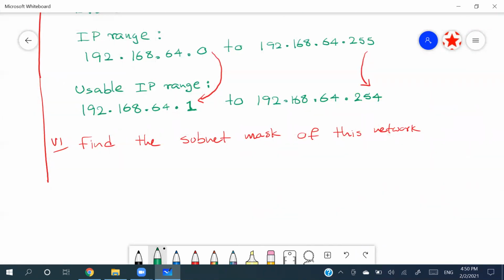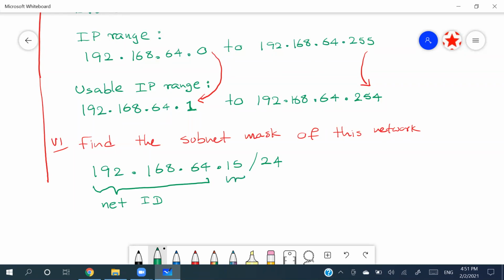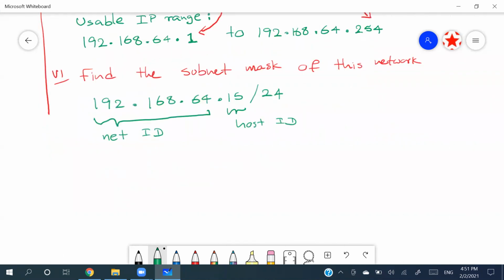I'm illustrating this. 192.168.64.15/24 is the given IP address. So this is the net ID and this is the host ID. And what we were saying is setting net ID into all ones and setting host IDs into all zeros.